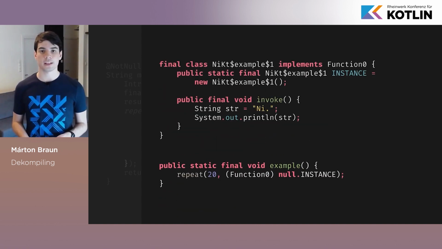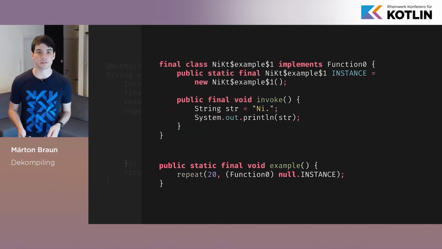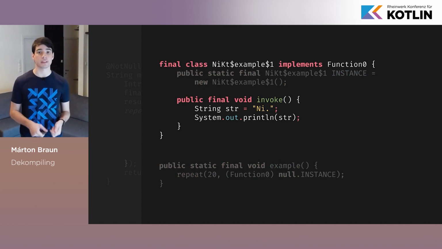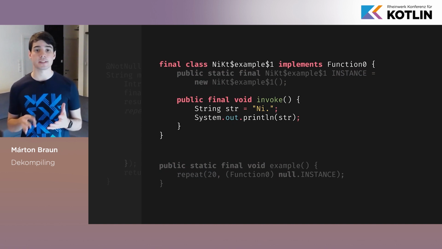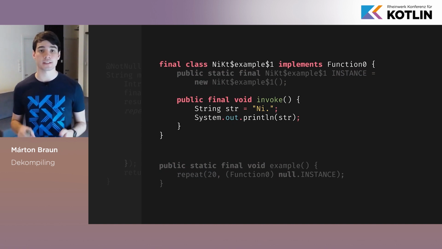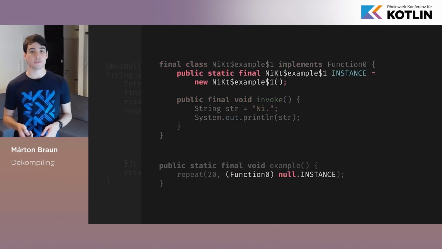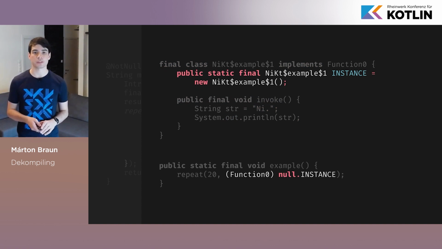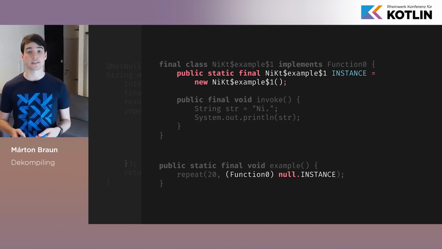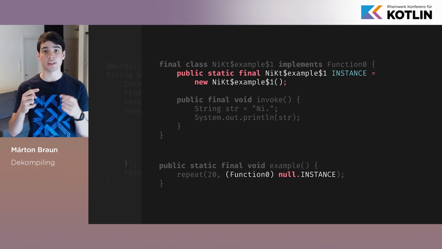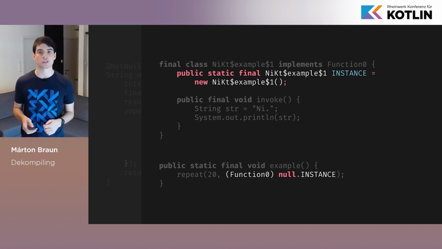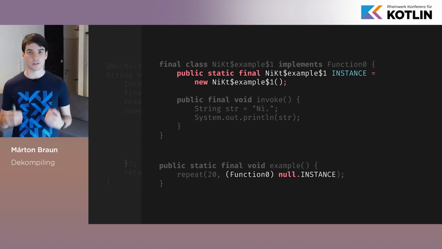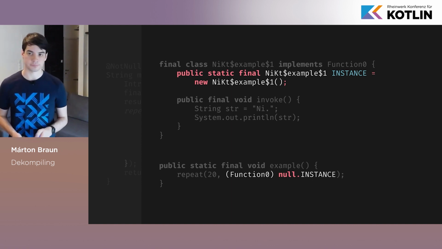So we would find a function 0 implementation, a class that implements function 0 in our bytecode. And inside its invoke method, we do have this print statement that prints a static string. And we would also find a field inside this class, which is called instance, and it's static, and it contains an instance of the class that it's in. So this is a basic implementation of the singleton pattern, a class containing a single static instance of itself.